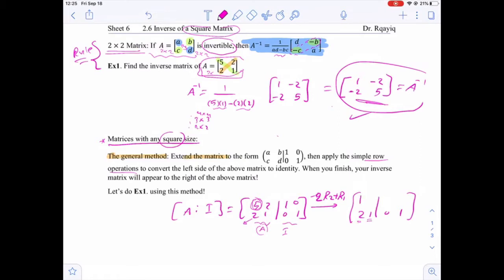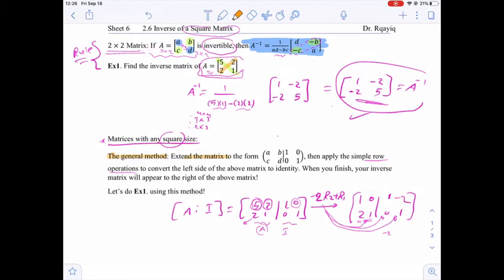Then multiply the next element, negative 2 times 1, negative 2, and add it to the corresponding element from the first row. That will give us 0. Then negative 2 times 0 gives 0. We still have 1 here. Then we multiply negative 2 by 1, that's negative 2.